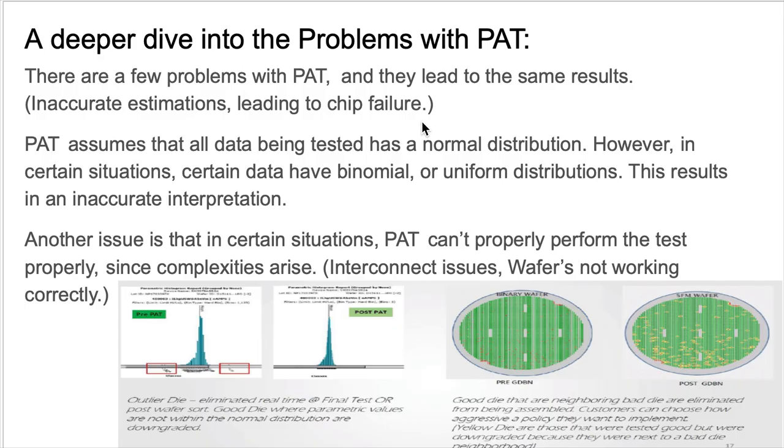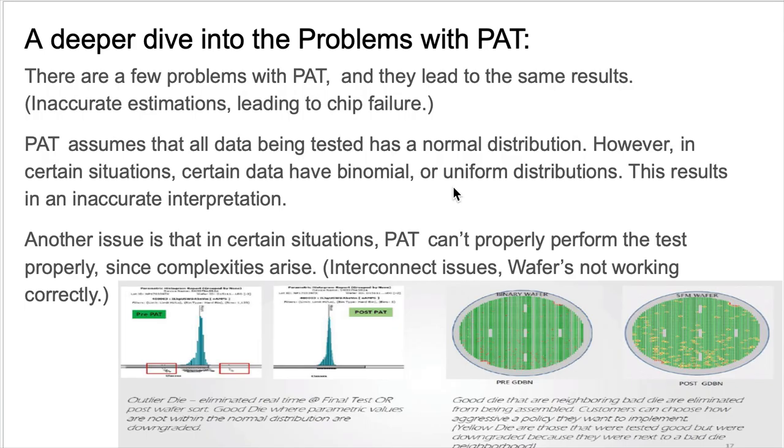However, this is not always the case. Sometimes the distribution of data can be binomial or uniform. And since PAT assumes normal distribution, it performs normal distribution calculations, and this results in an inaccurate interpretation. It's a mistake that was made.